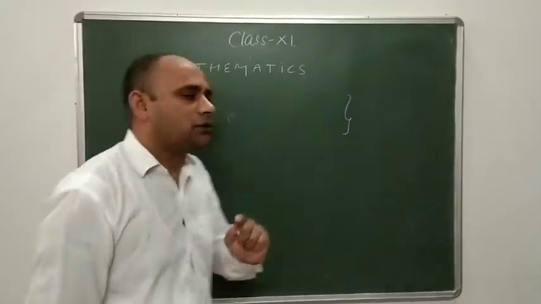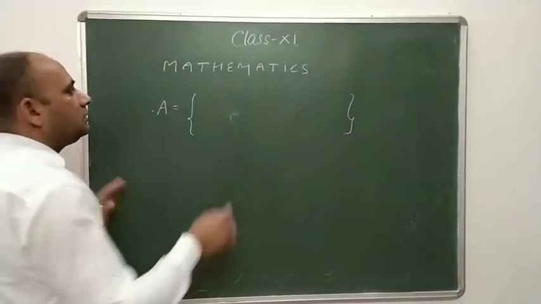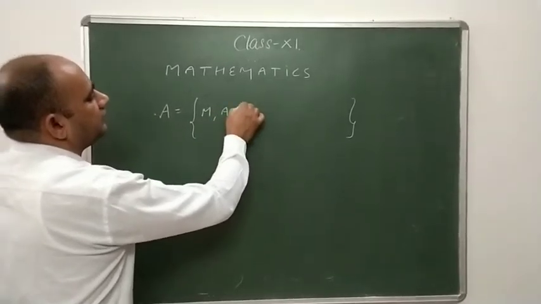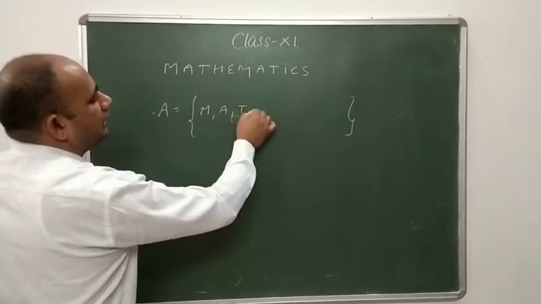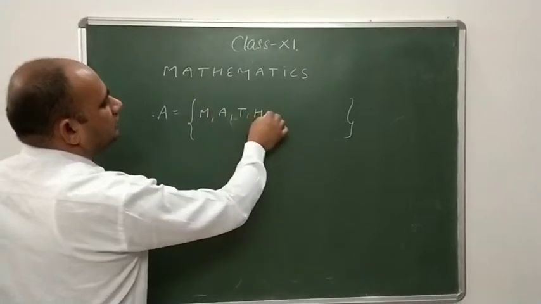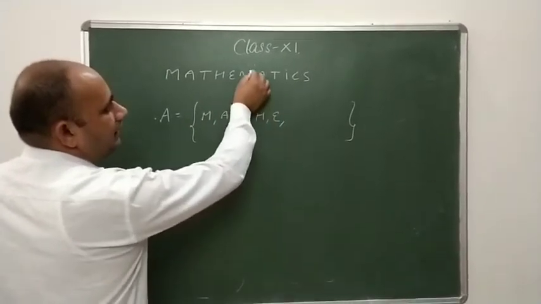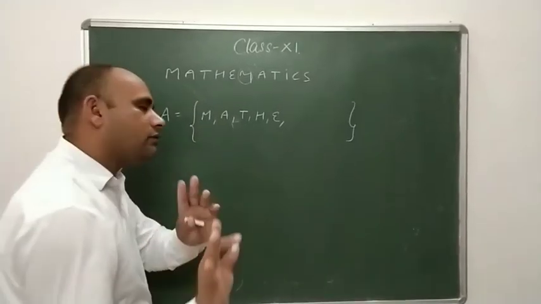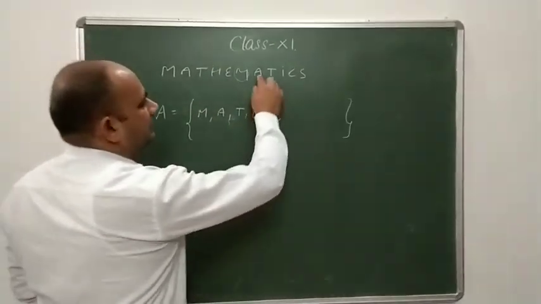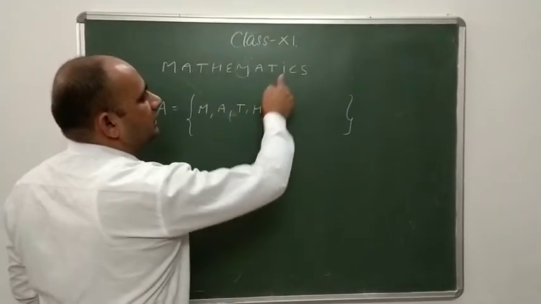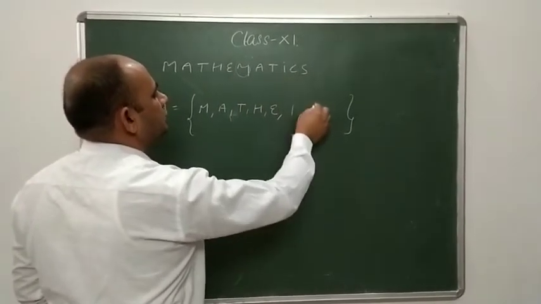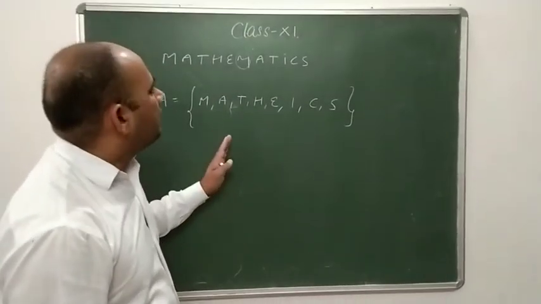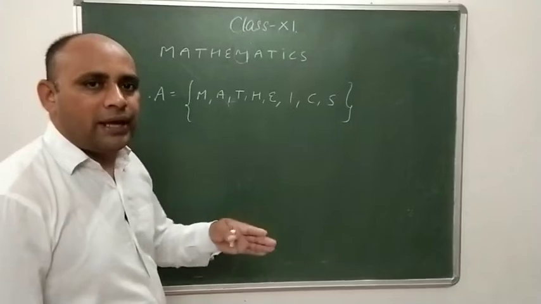If you want to write any word: M, A, T, H, E. Now A is written again here, so don't repeat. We write it only one time. Then again A, T, I, C, S. So we write the set of any word.